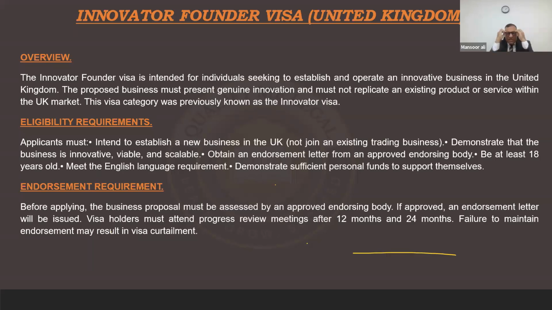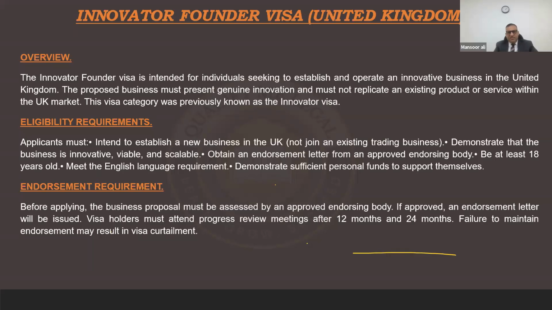Once you have an idea, you need to lay it down in a business plan, and that business plan must be backed up with funds. You need to inform the Home Office that you have this idea, you're going to practically launch it in the UK, and you have these funds in your account to establish it in business form.